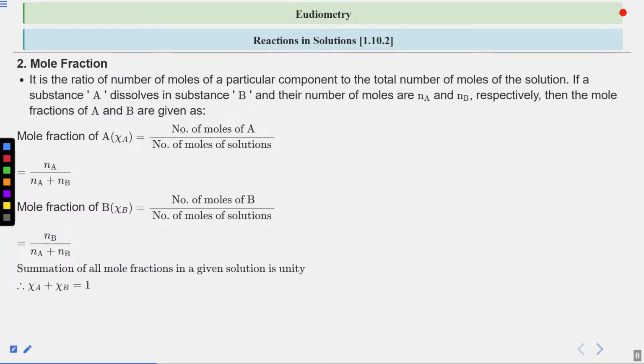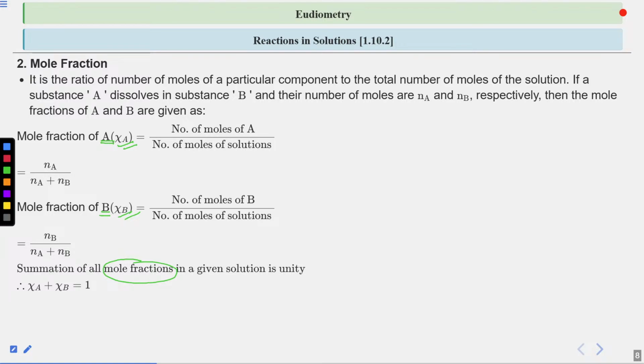Now what about this statement that the addition of all mole fractions is 1? Suppose we take again the example of the same solution that we have dealt with. We have component A and component B in that solution, whose mole fractions are chi A and chi B. So listen very carefully, because if we move fast, then we will be able to cover this whole topic, since it's a large one.